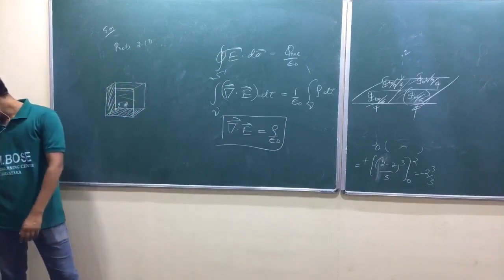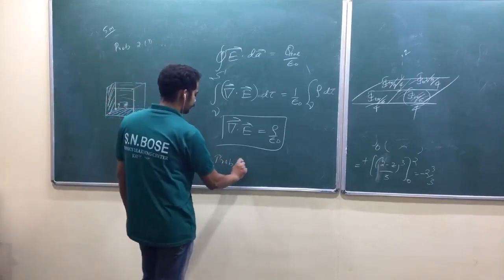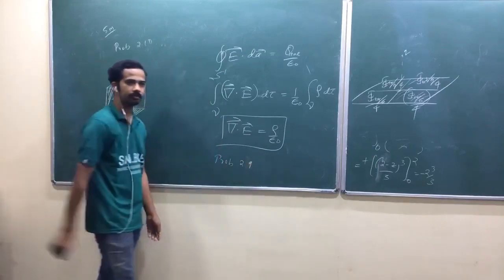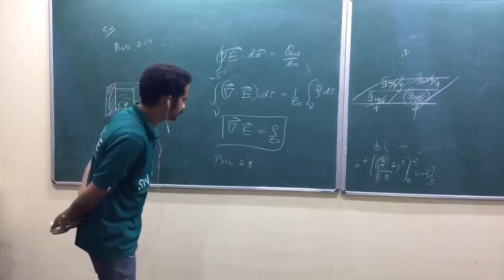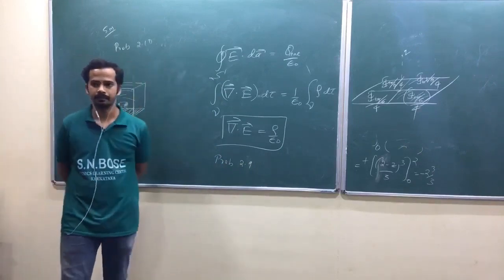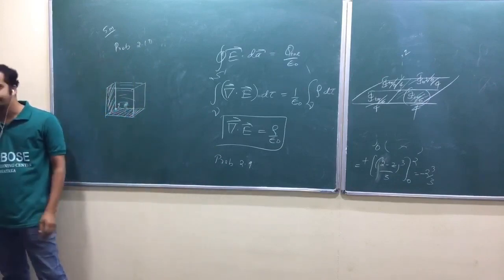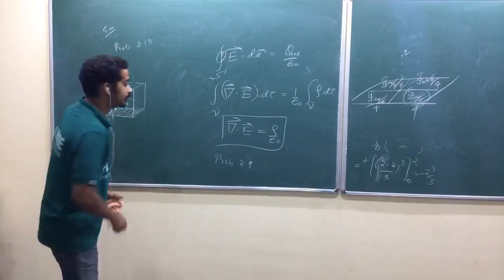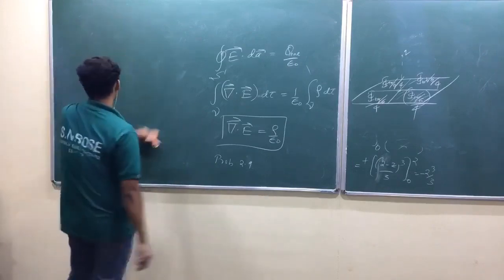Okay. Now try problem number 2.9 in Cartesian coordinates. In spherical polar coordinates that's still simpler, but try to do it in Cartesian coordinates. Now this is one of the ways, okay?